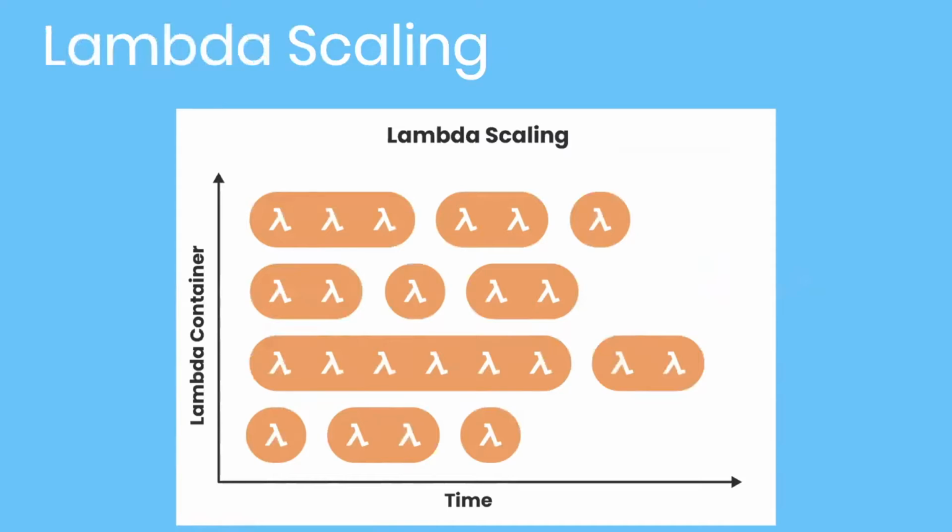So it's these multiple containers, concurrent containers, that are what allows for Lambda's concurrent execution, and that's the unit of scale for Lambda. AWS does impose a default per account limit of 1,000 concurrent executions for Lambda.